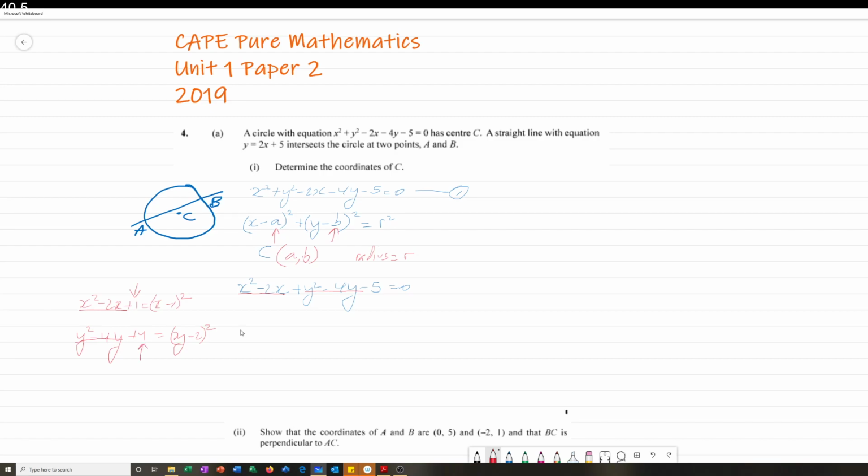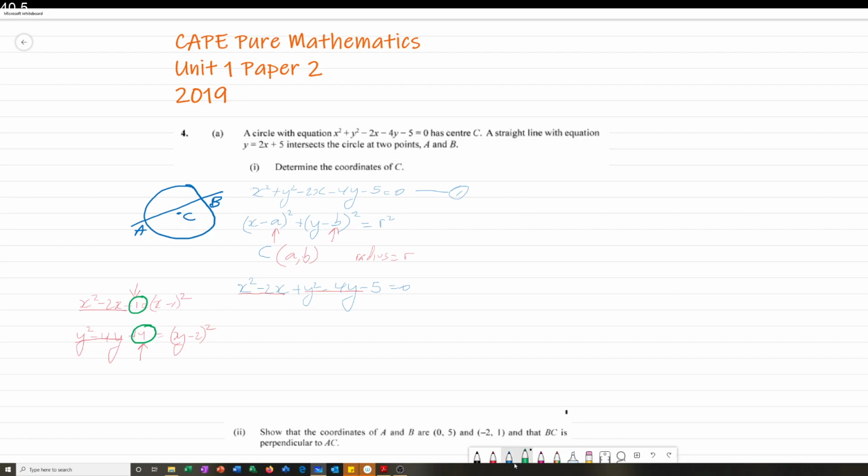So I'm missing the 4 and the 1. If they happened to be in the expression, then I could make it a square. But that's okay, I could add them in.